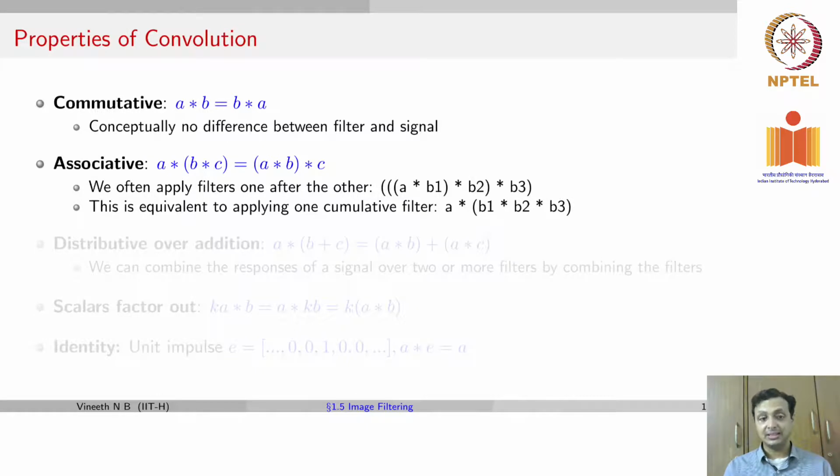The second property is associativity, which says A convolution B convolution C is the same as A convolution (B convolution C). Why is this important?